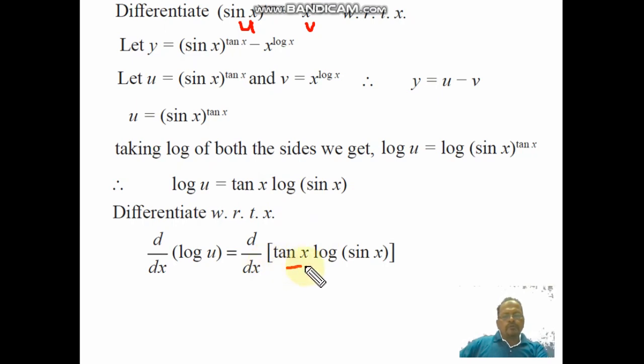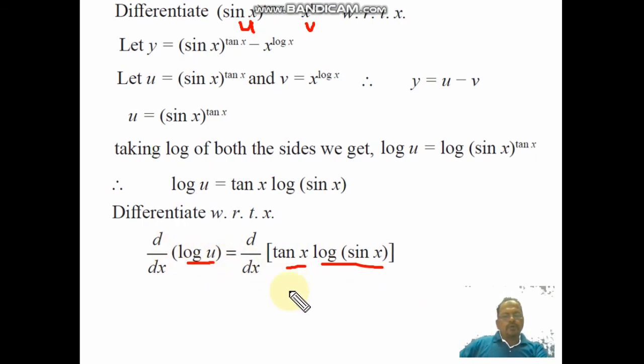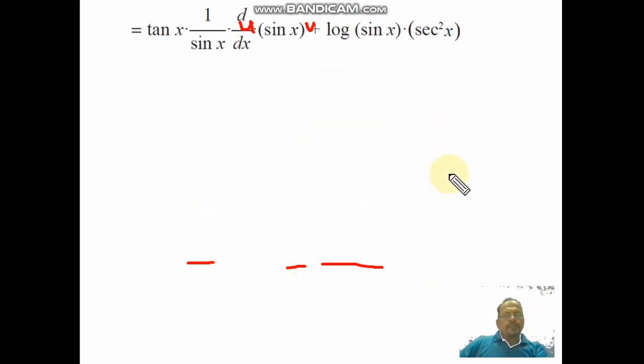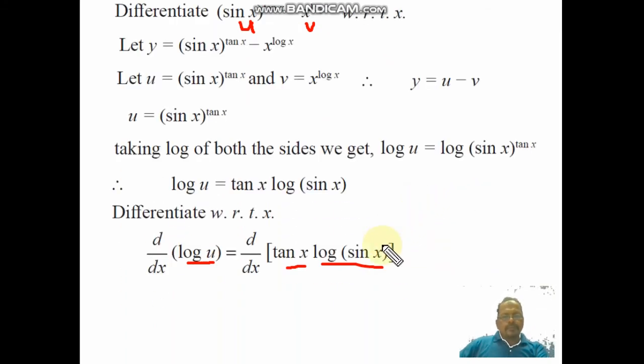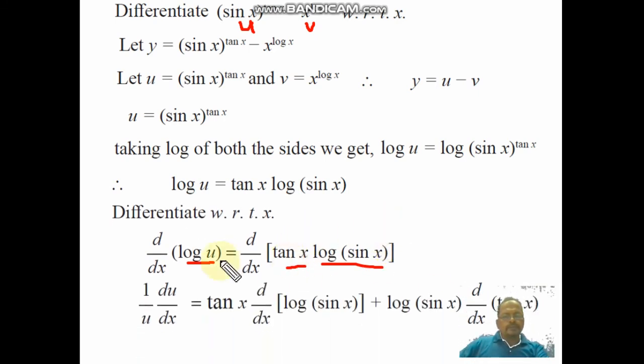Use product rule for this derivative and use chain rule for this derivative. Derivative of log u is 1 upon u du by dx.